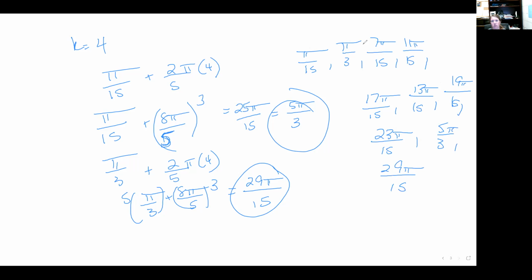And let's count: 1, 2, 3, 4, 5, 6, 7, 8, 9, 10. 10 answers here. Let's check our solutions. That looks like all the same ones I got. Yeah. So a lot of work on those.